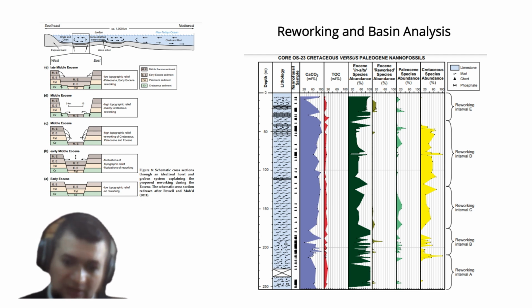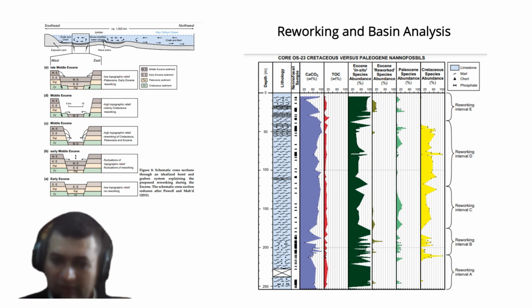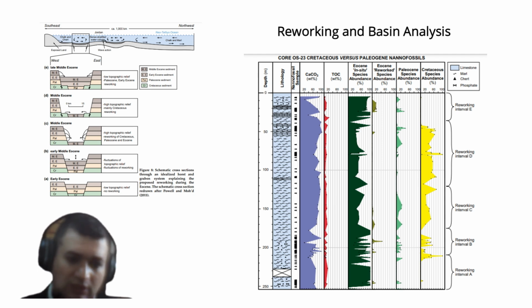But with the increasing relief between the horst and graben, more material came in during weathering and erosion. The Paleocene, early Eocene, and Cretaceous contributed to the Middle Eocene basins. So we found the Cretaceous, Paleocene, and Middle Eocene.